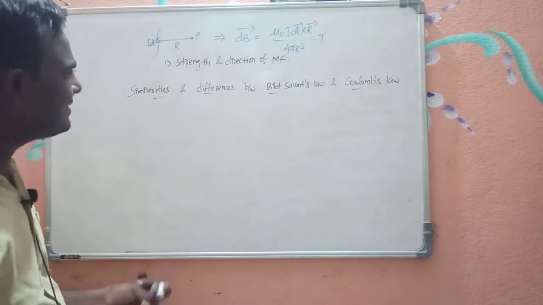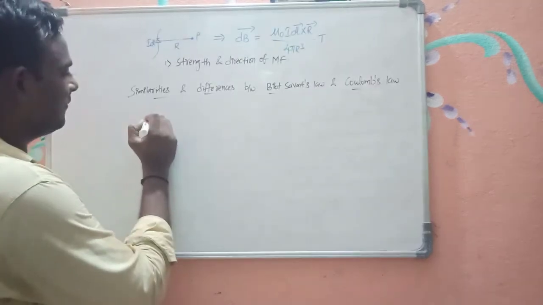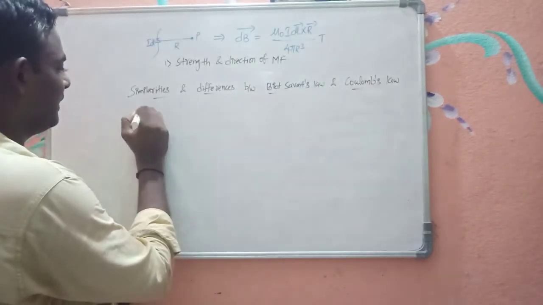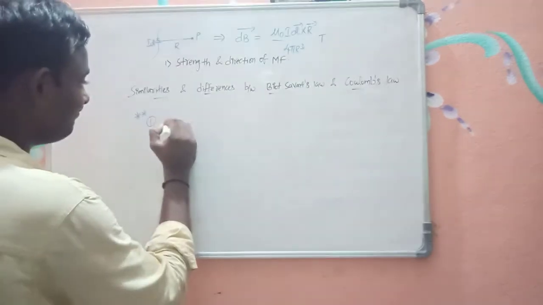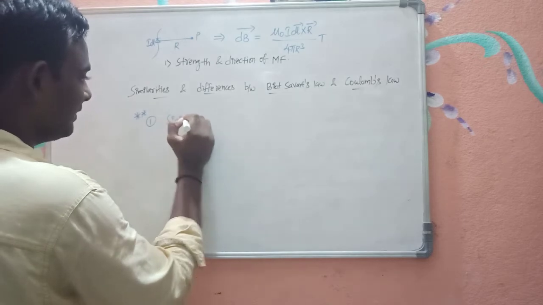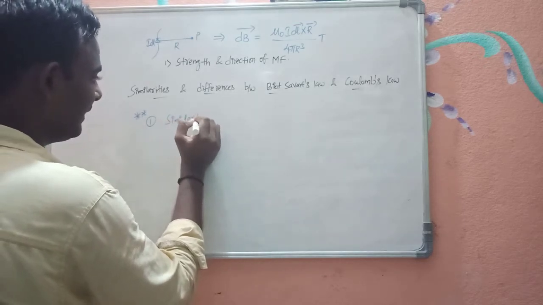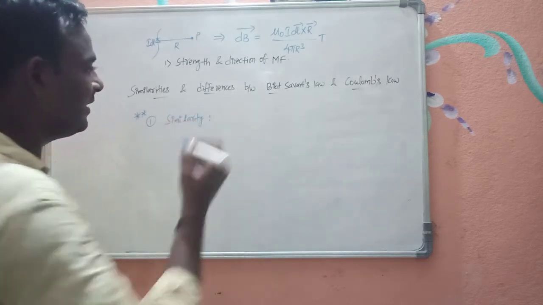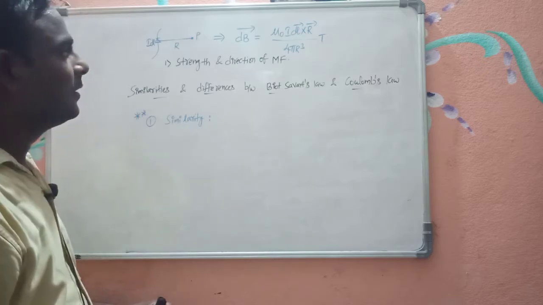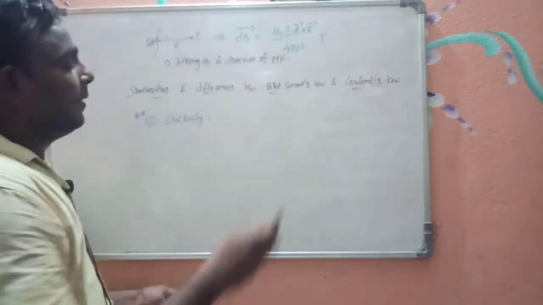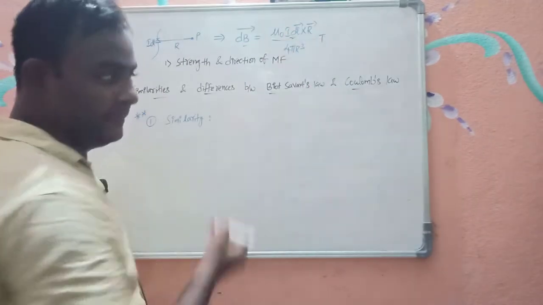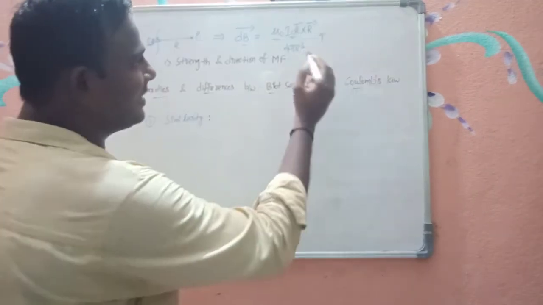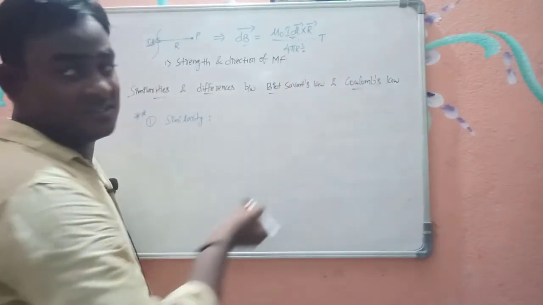So what is the basic similarity? The first and very important similarity between Biot-Savart's law and Coulomb's law is that the field is proportional to the current element and inversely proportional to the square of the distance between them.